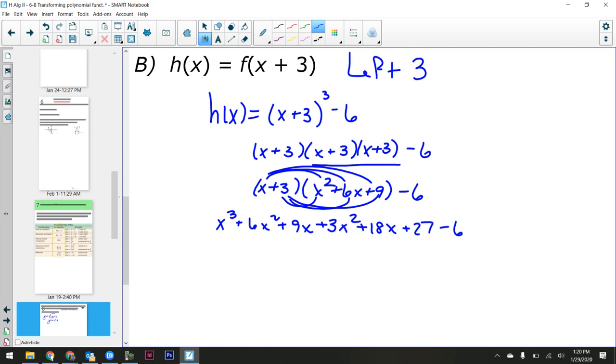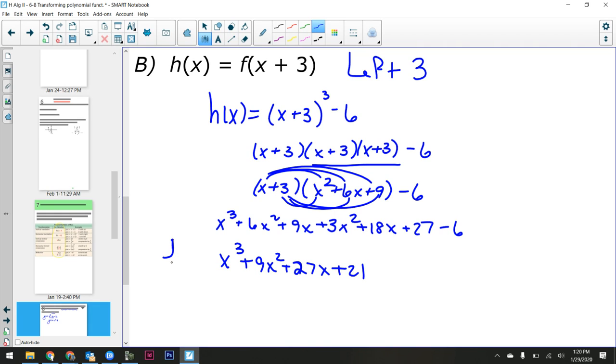Don't forget about that minus 6. That just vanishes into thin air for a lot of you. Yeah, you have to pay attention to what was in the equation and carry it through. Don't get careless. x to the third plus 9x squared plus 27x plus 21.